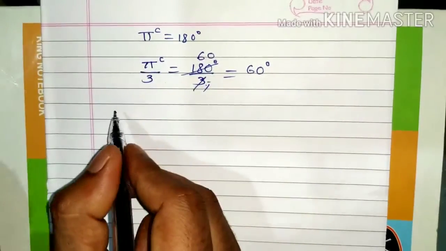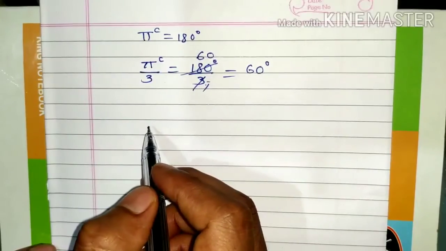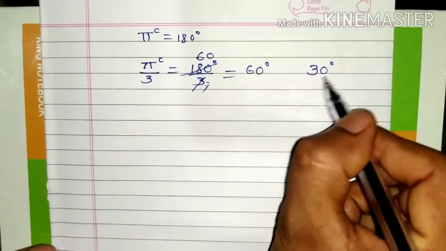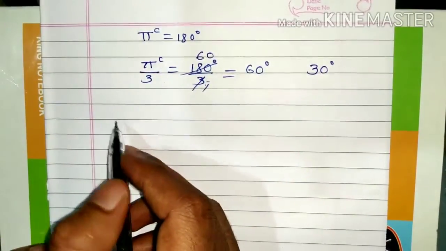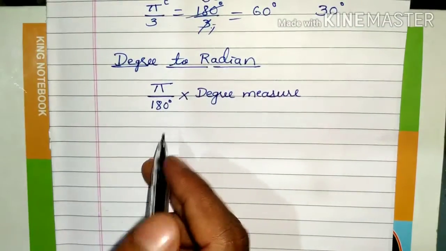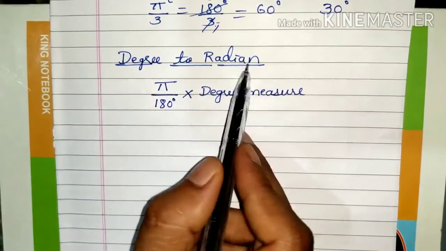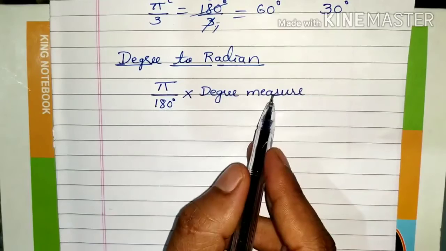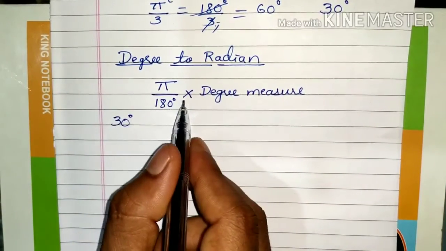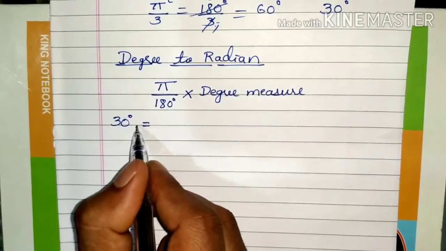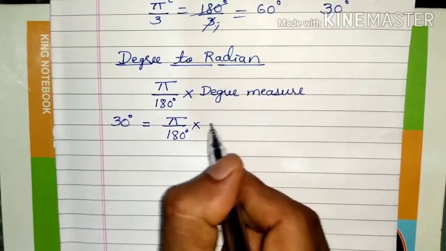So in general, if you want to convert degree to radian measure, for example 30 degrees in terms of radians, how to convert? Here is the formula. To convert a degree measure to radian measure, multiply pi by 180 into the degree measure.